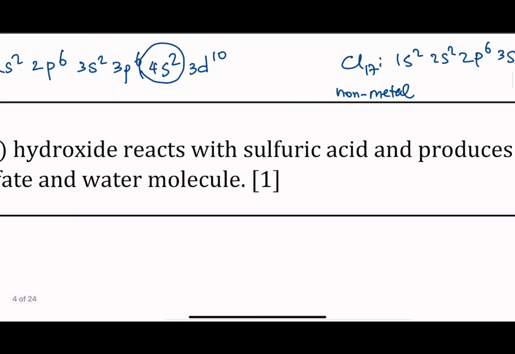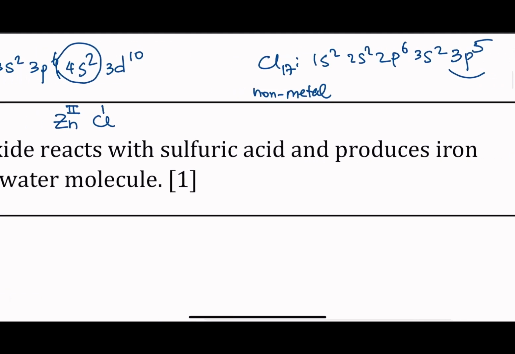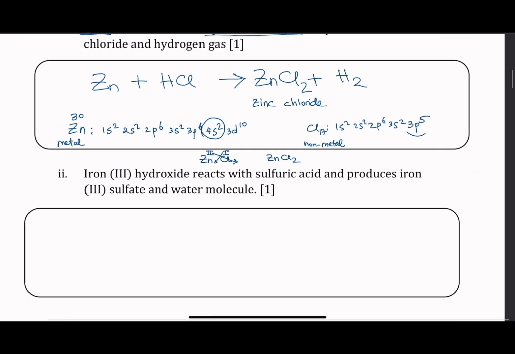So if zinc loses 2 electrons, it becomes a plus 2 charge, meaning the valency is going to be 2, and chlorine gaining 1 is going to have a valency of 1. And if we go the shortcut way, 1 goes down, and 2 goes down like this, and the formula would be ZnCl2.